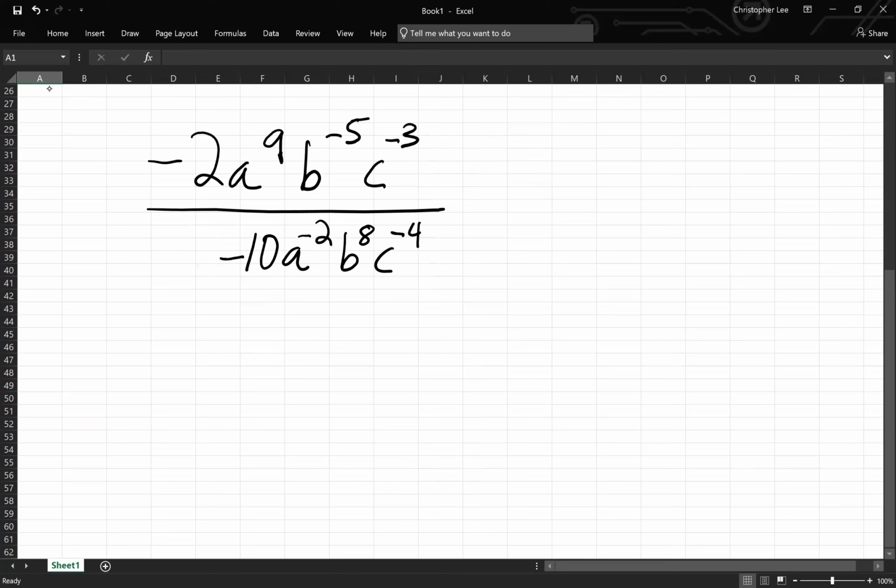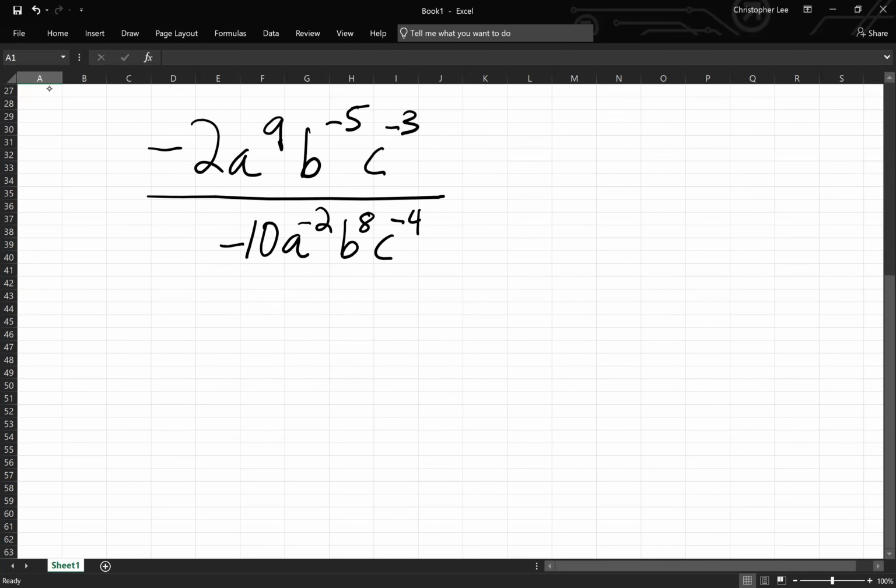So how do I do this? So what does that become? Individually, numbers with numbers, variables with variables. So negative 2 divided by negative 10 becomes what?